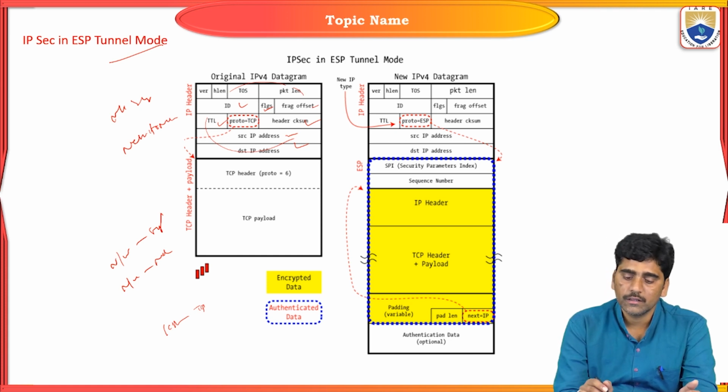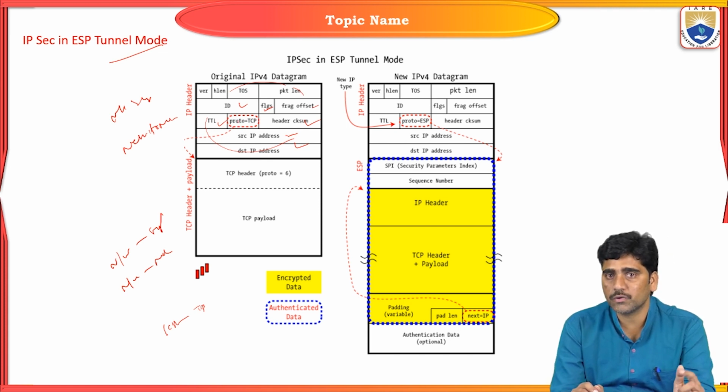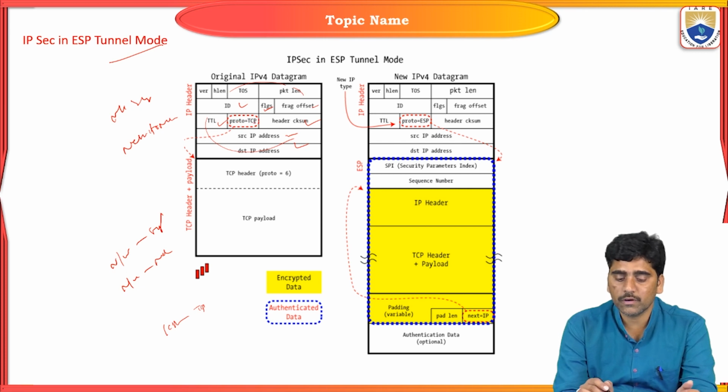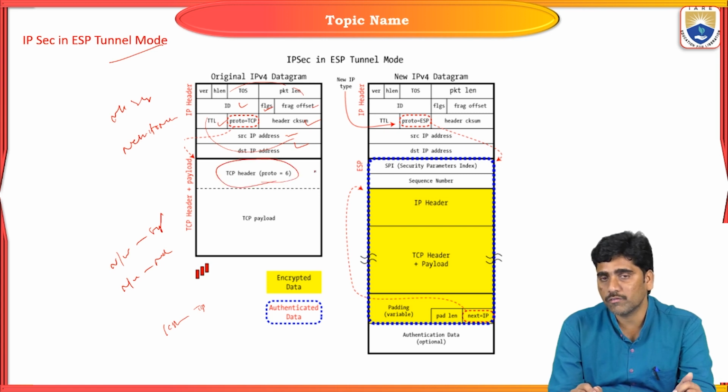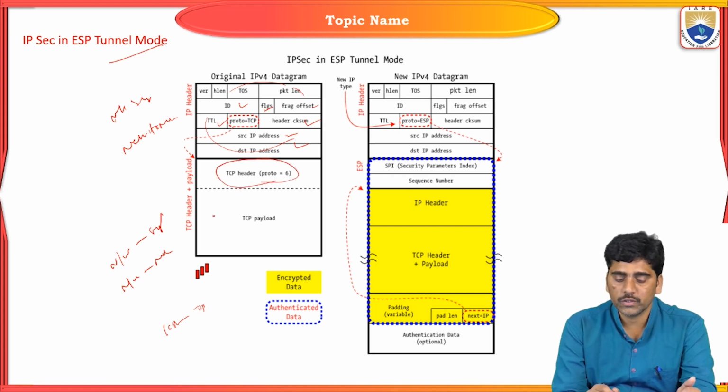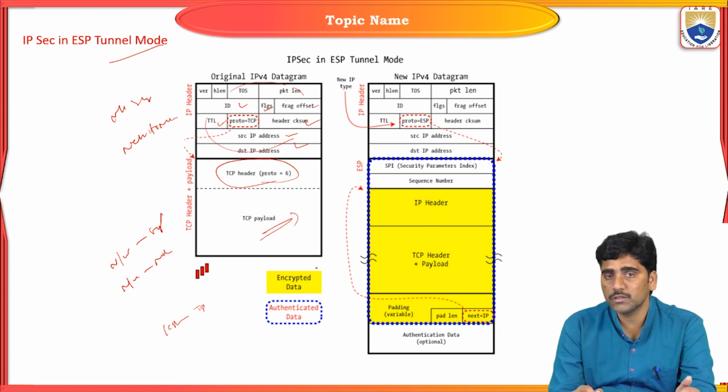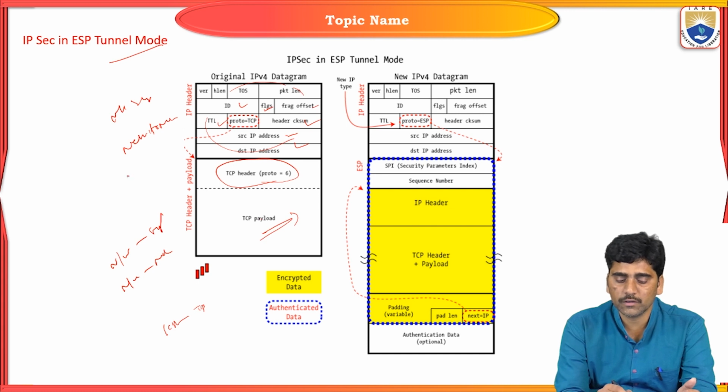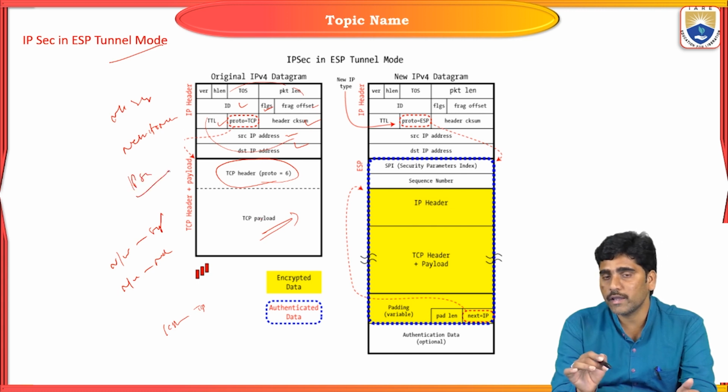The protocol field, the next header, equals TCP, with protocol equal to 6. Then come the TCP header plus TCP payload. So this is IP security in tunnel mode without ESP.